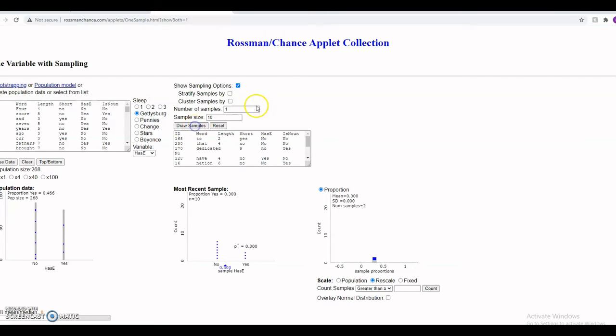But if we just draw the samples, we can see a distribution that's fairly normal.